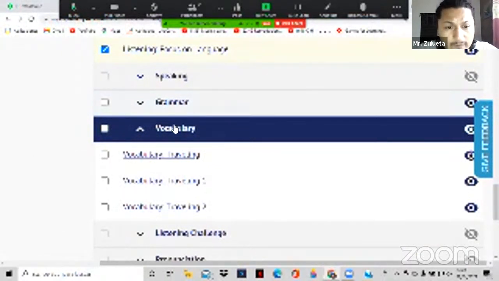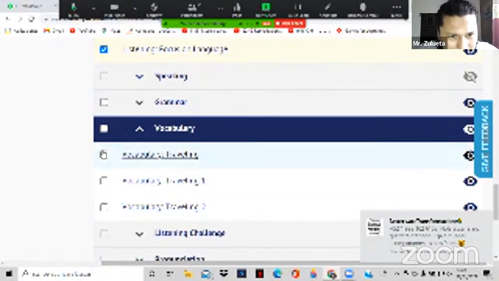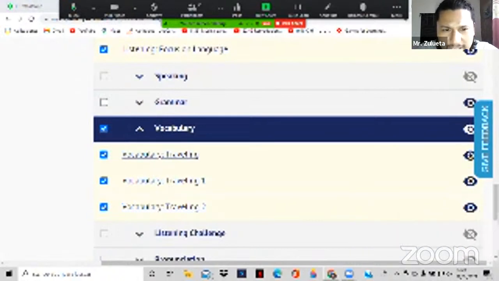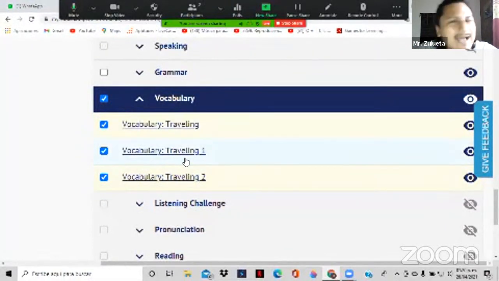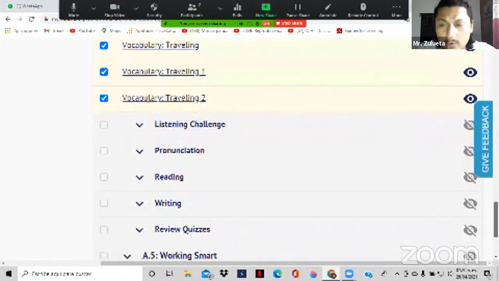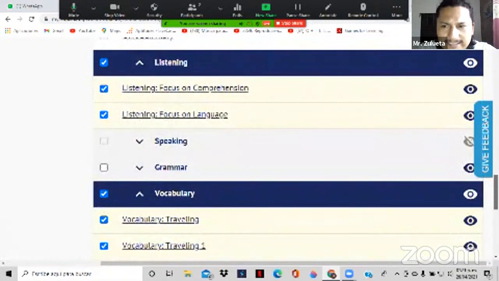So for vocabulary, we have already done this one, okay? And this is going to be activated for today. You still have 2 more activities. They are not difficult, I believe. I know that you are going to be able to do them without any problem. So with that being said, let's continue to the grammar.